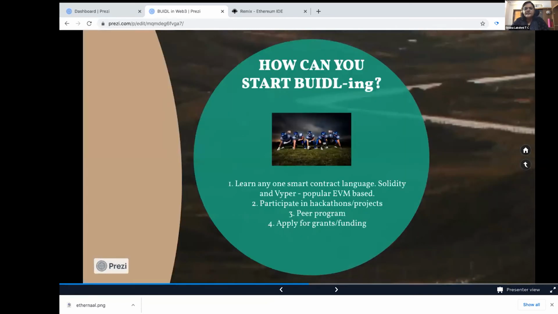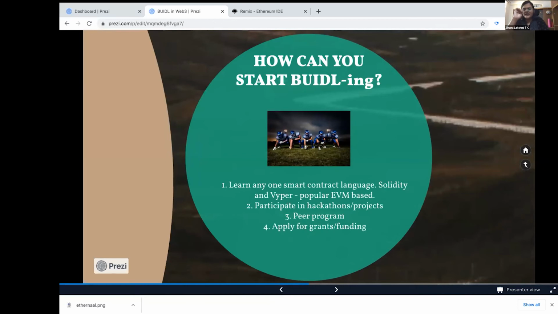Very quickly, this is a very exhaustive topic by itself, but a couple of things that I would start with are, the image over here signifies that your community is everything in the Web3 space, right? And it's not just one community, you have the opportunity to be a part of multiple communities and learn from each other, right? That's the way to go when it comes to the Web3 ecosystem.